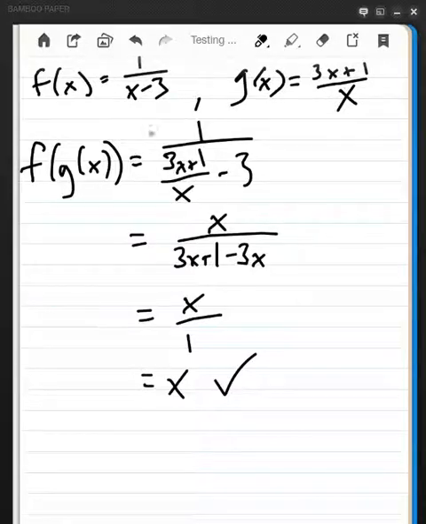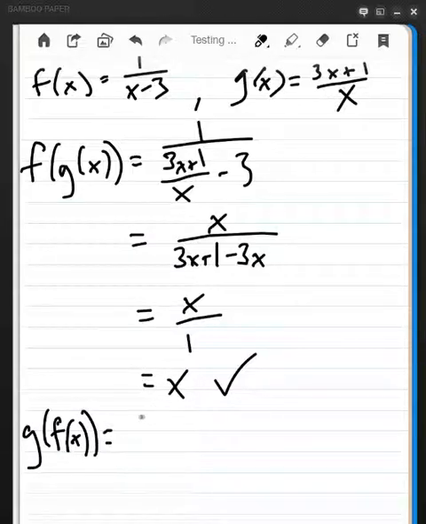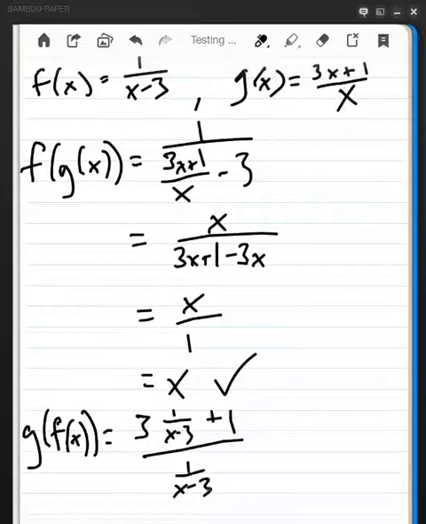Alright, so we're going to plug in 1 over x minus 3 into g. So we're going to get g of f of x is equal to 3 times 1 over x minus 3 plus 1 all over 1 over x minus 3. Once again, we have fractions within fractions, which are no good.